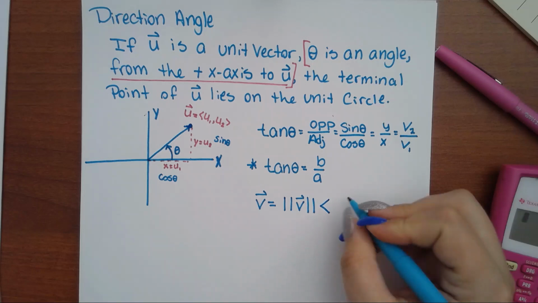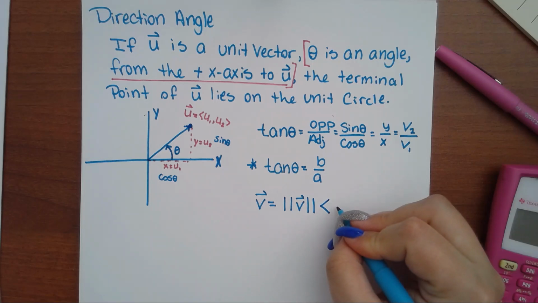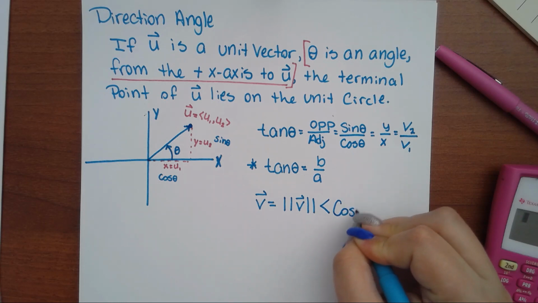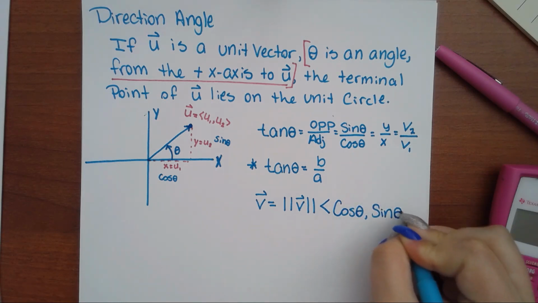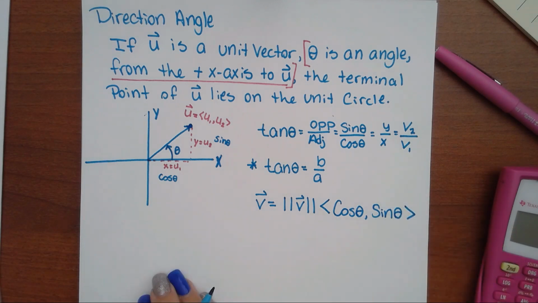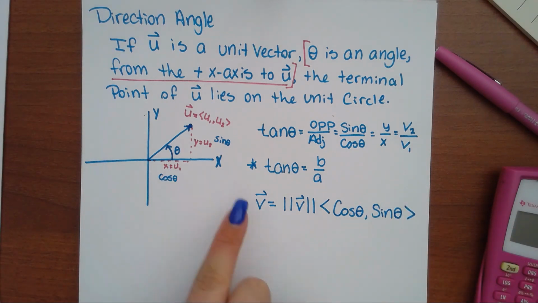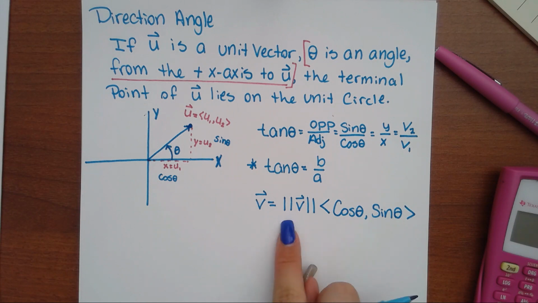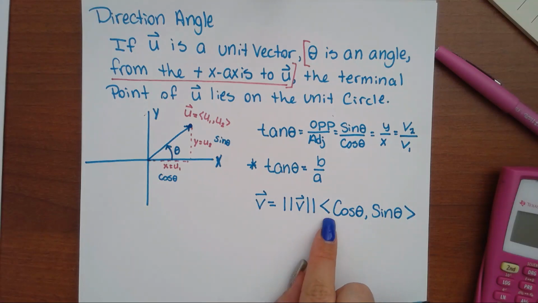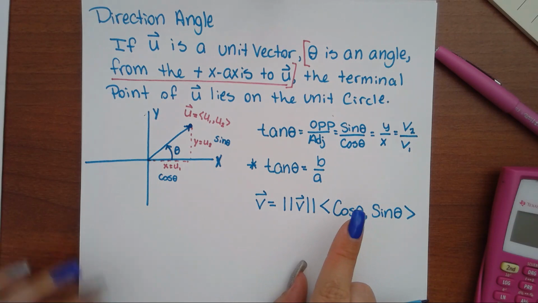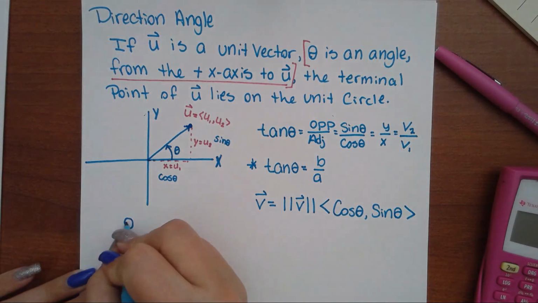Well, we only have the direction, which is the angle, so it would be cosine of theta for the x component and sine of theta for the y component. And remember, cosine is x, sine is y, and you would multiply it by your magnitude. So that's a way to write the vector if given the direction angle and the magnitude. Now, in this case, theta represents that direction angle.